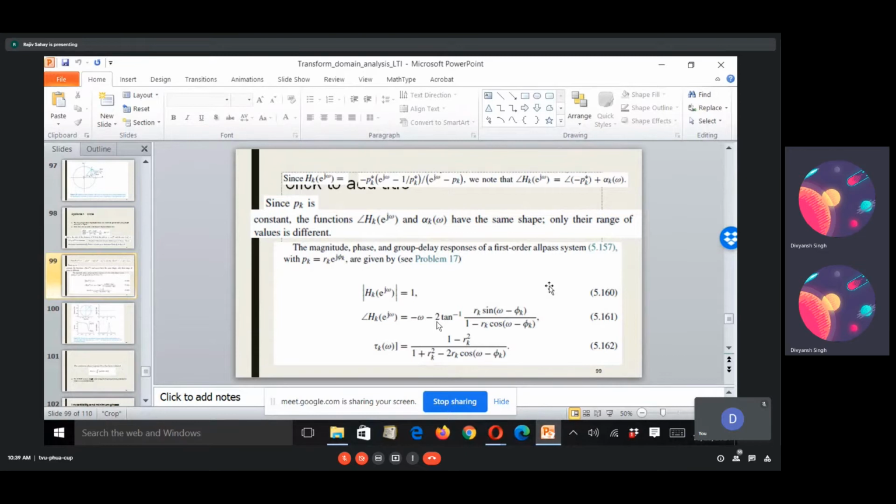All this I had derived earlier. If you look at your notes, I had derived these two formulas. This is for one particular pole and zero combination, but I had derived it for the general case of a rational function containing multiple poles and multiple zeros.